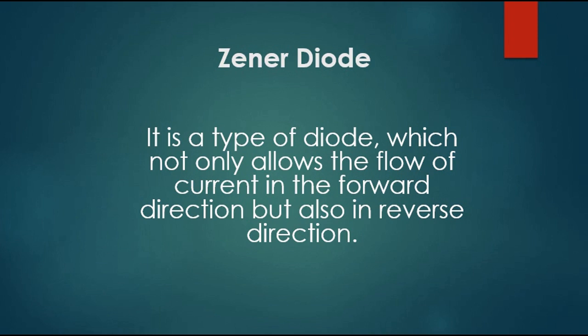Now, a Zener diode allows both sides, both reverse and forward. Forward is when the voltage is entering from the positive terminal to the negative terminal, while reverse bias, or the reverse direction, is when the voltage is coming from the negative to the positive terminal. That is the reverse aspect of it.